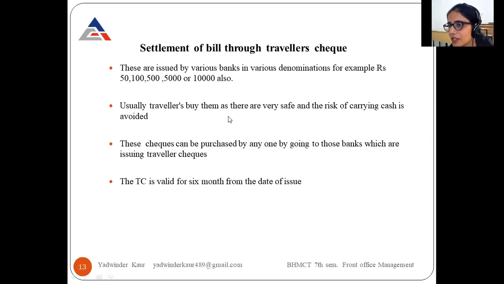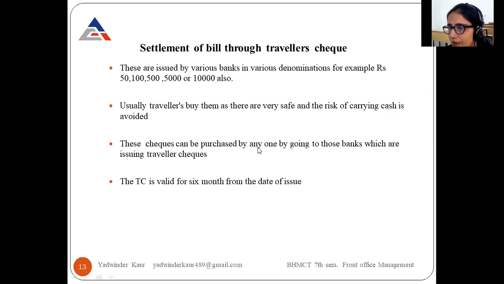This is the safest thing that you can carry everywhere when we are traveling somewhere. So traveler's check is the safest way to carry money with us.